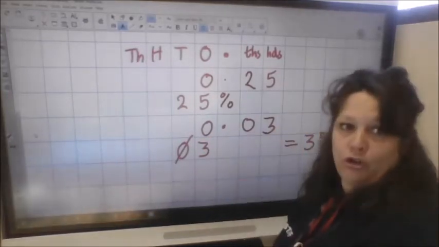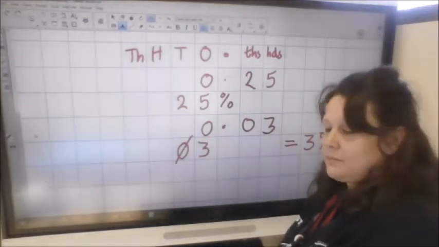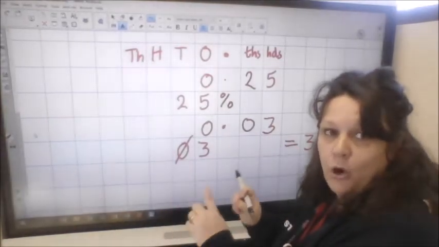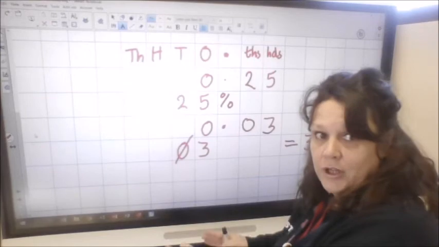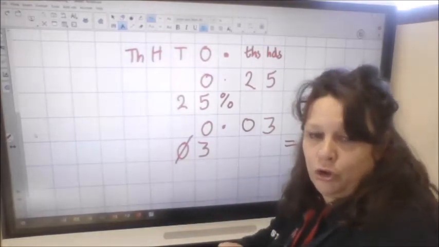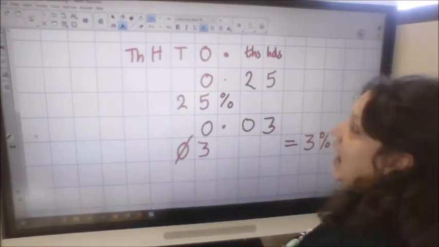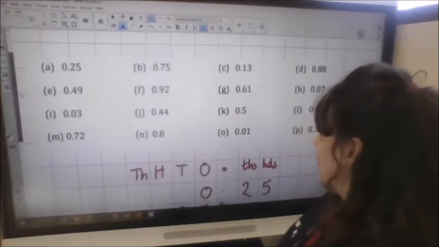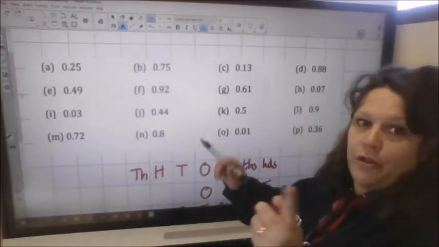I've got it in my ones column. Okay. So we multiply by 100 to convert decimals to percentages. Multiply by 100.